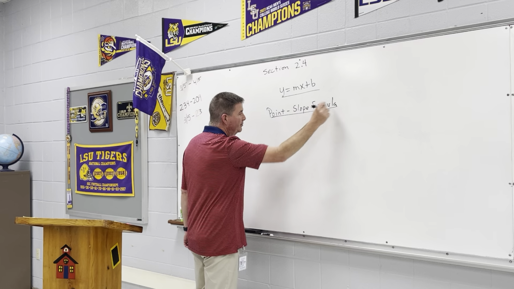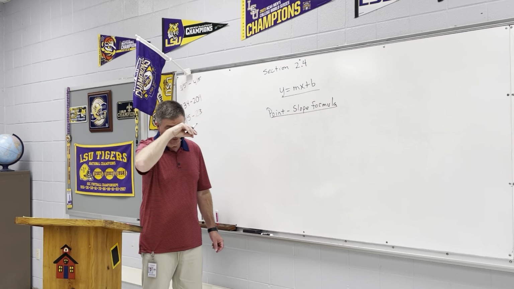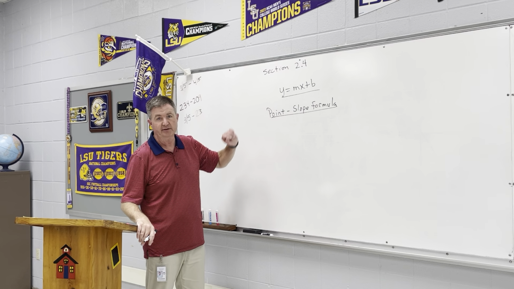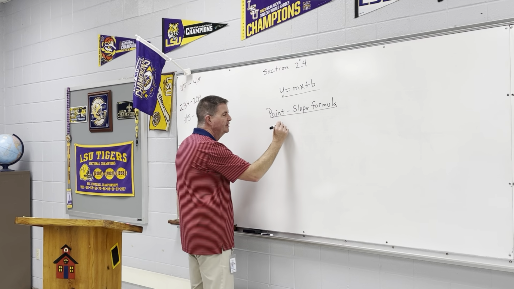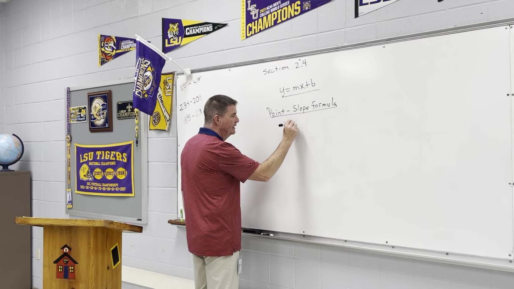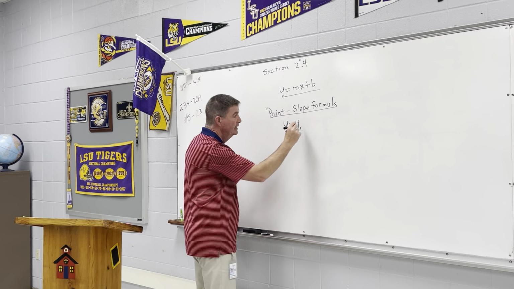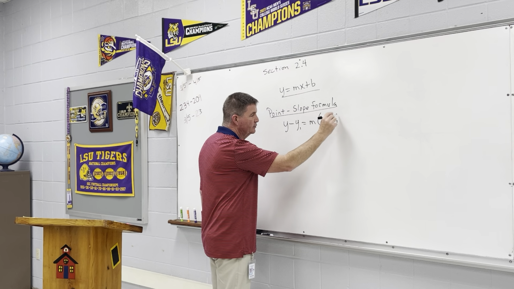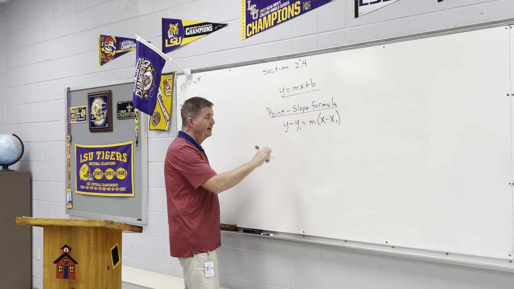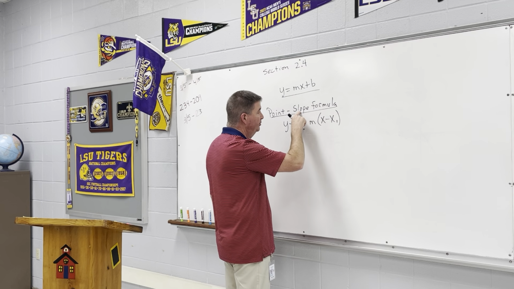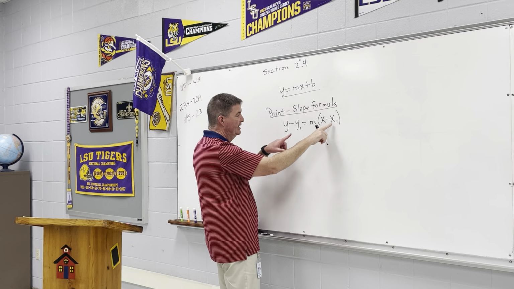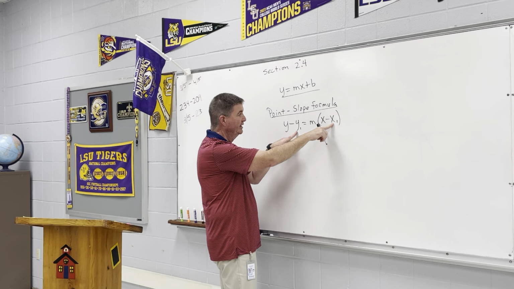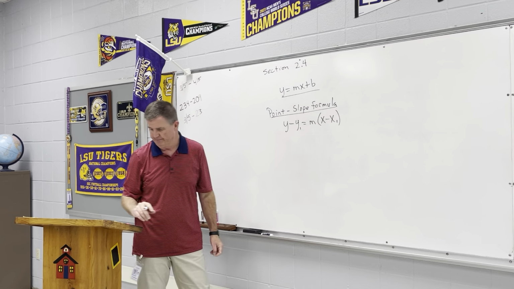The point slope formula is a formula for writing equations of a line, and will end up in slope-intercept form. The point slope formula is y minus y1 equals m times x minus x1, where m is the slope, and (x1, y1) is the ordered pair, or the point, in that formula.